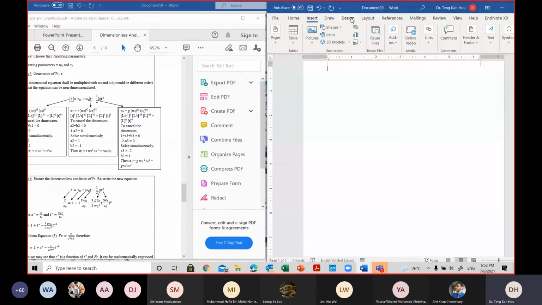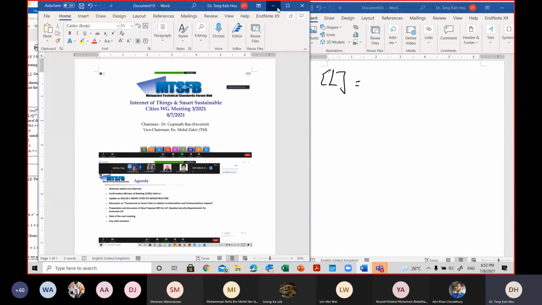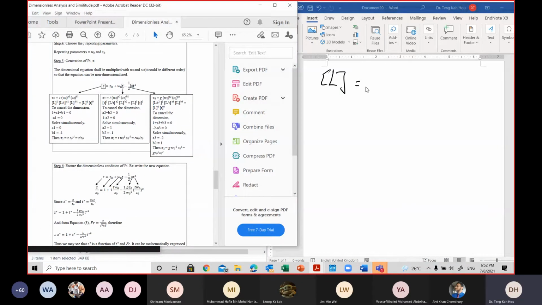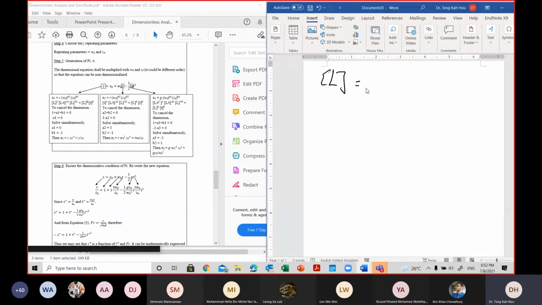For the L case, write down your L. Consider only their powers. So you will have 1 plus A1 plus B1. L power of 1, L power of A1, and L of B1 equal to 0. So get the first equation.